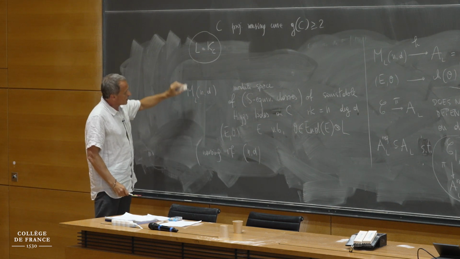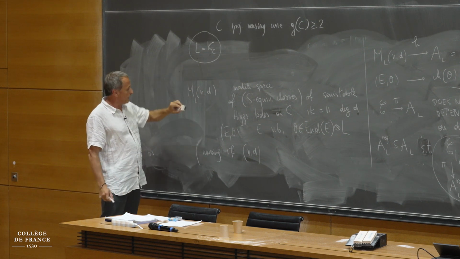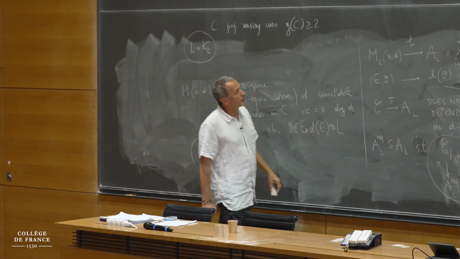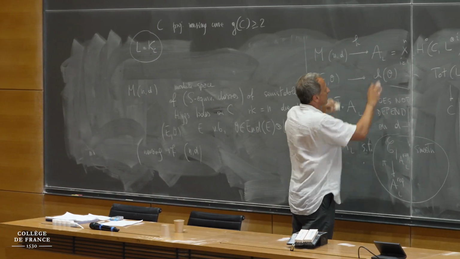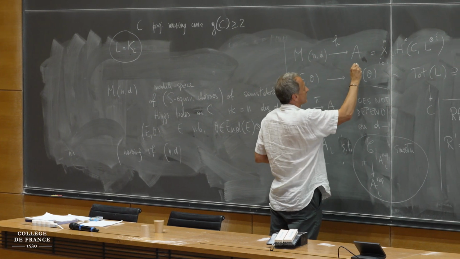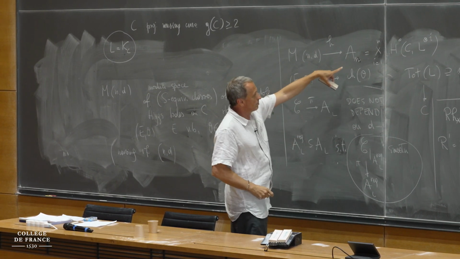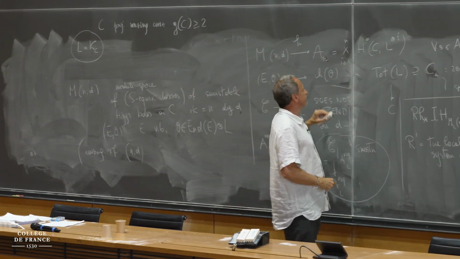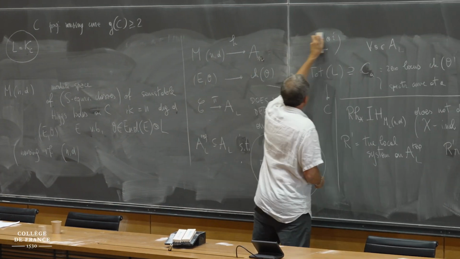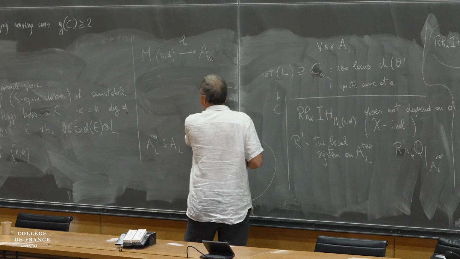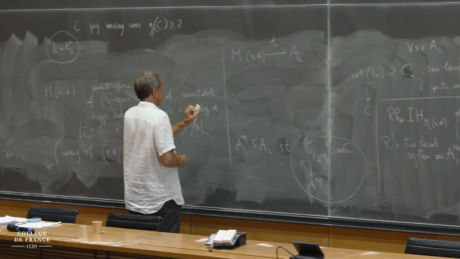Since I will discuss only the canonical bundle, I will skip this L from here and from here, and instead I will put the N just to recall the rank. So we still have this Hitchin fibration.